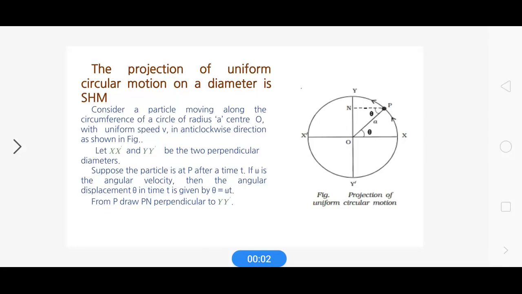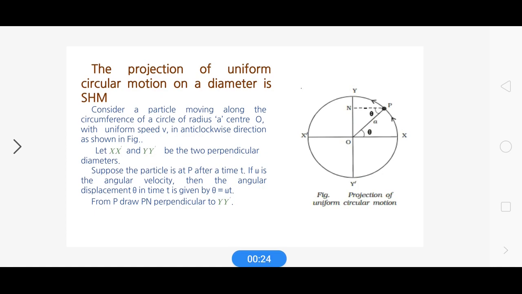So the projection of uniform circular motion on a diameter is SHM. Here I am considering a particle moving on the circumference of a circle of radius A with center O, with speed V, in the anti-clockwise direction.